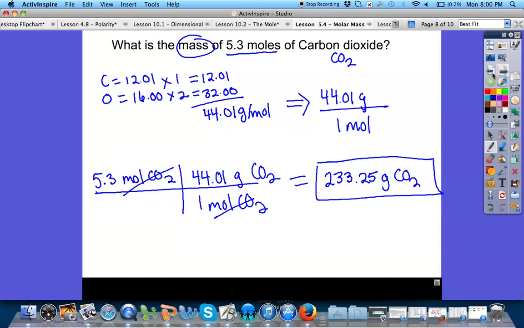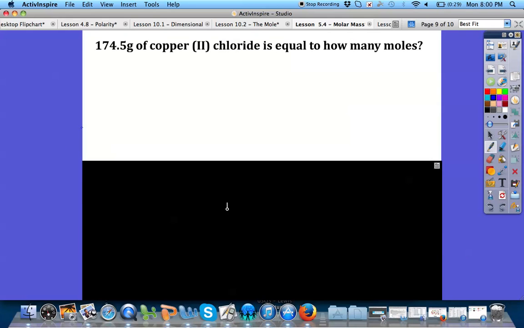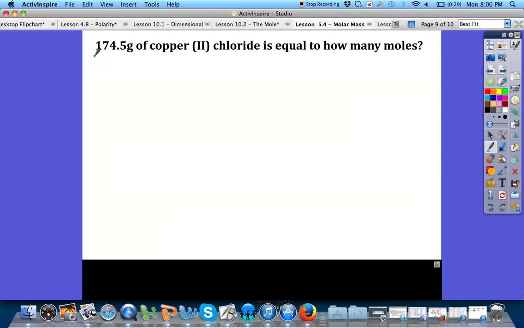And then our last example problem says that we have 174.5 grams of copper 2 chloride, and we want to know how many moles that is. So remember, we still have to write our formulas. Copper, this is telling us that this is a 2 plus. Chlorine is a 1 minus. So our formula is going to be CuCl2. Okay. We have mass, so we need to find our molar mass.